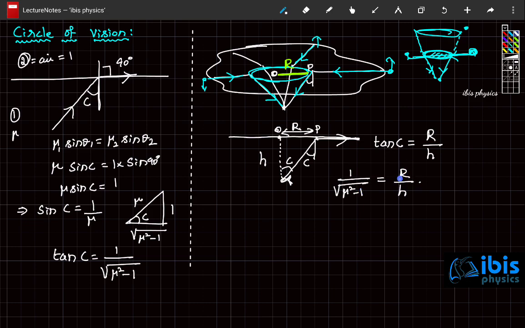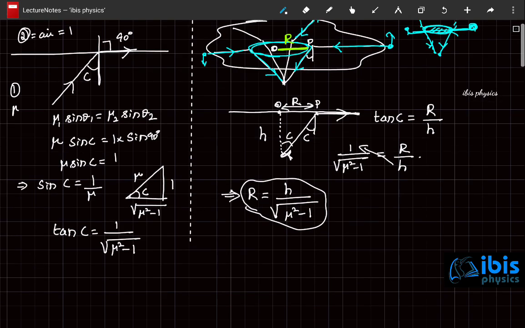Which means the radius of the circular window, or the radius of the circle of vision, by cross multiplying, is r equals h divided by root of mu square minus 1. This is the radius of the circular vision through which the fish sees the outside world. This problem can be asked in many different ways.